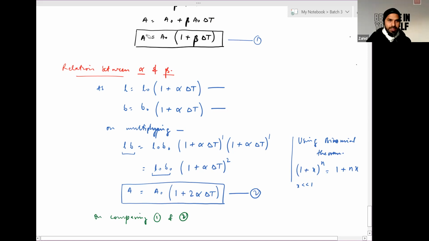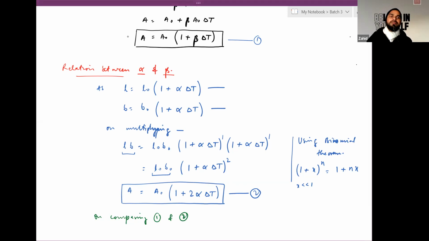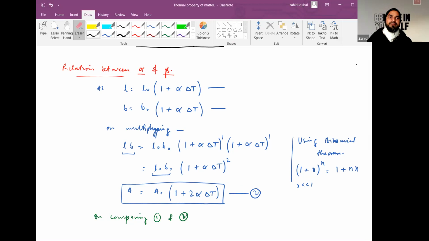We have same point TA in left hand side in both these two equations, same term A naught as coefficient of this part. So in this term, we have delta T attached with beta. Similarly, in this part, 2 alpha attached with delta T. So on comparing, we can say beta equals to 2 times of alpha. Is it clear? Atif? Yes, sir.